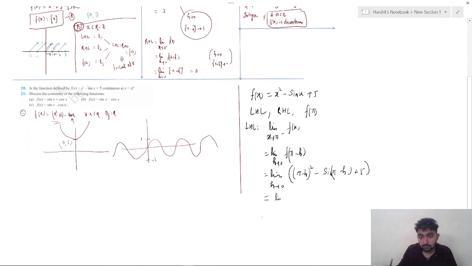We have the limit as h tends to 0 of pi square plus h square minus 2 pi h, using a square plus b square minus 2ab, and here the trigonometric rule we can apply, sin h will come, plus 5. Now if we apply the limit here, we will get pi square plus 5 only.